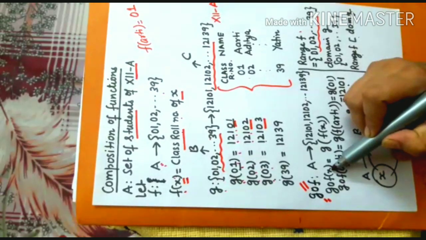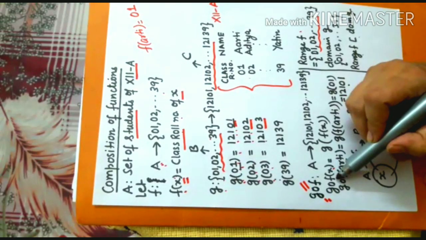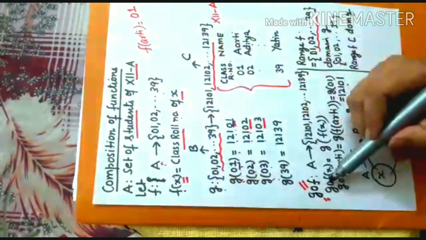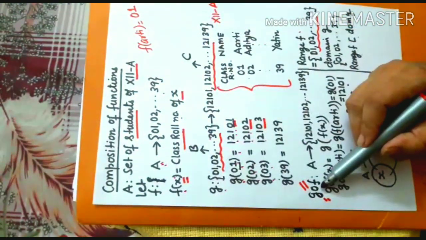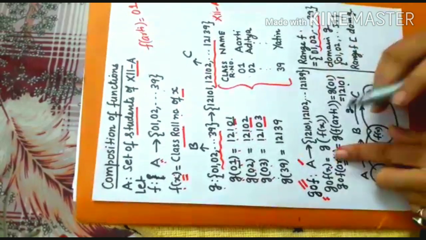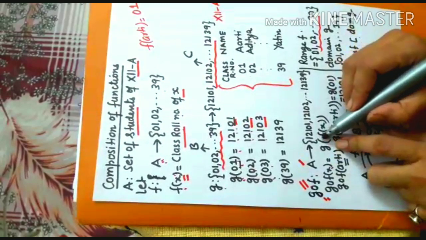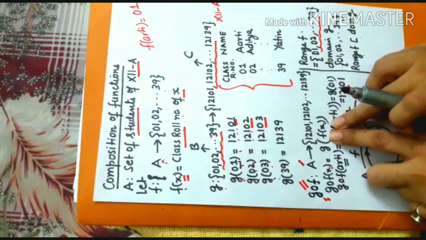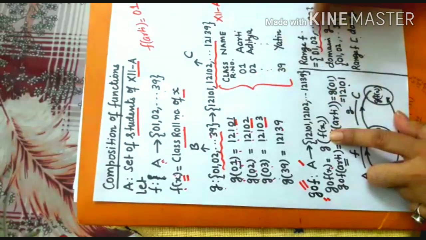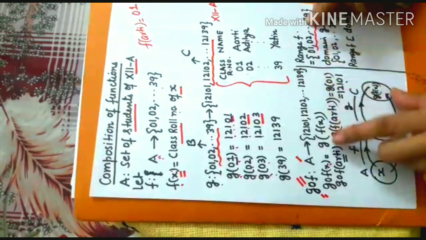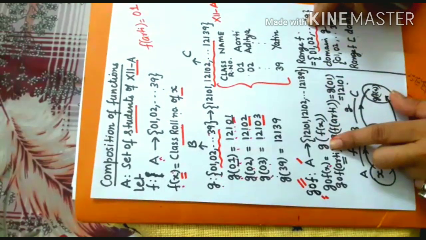This x should come from the domain of the function f, which is A. So the domain of the composition function GOF will be A. Now this f(x) will belong to the range of the function f, which is equal to the domain of the function g.